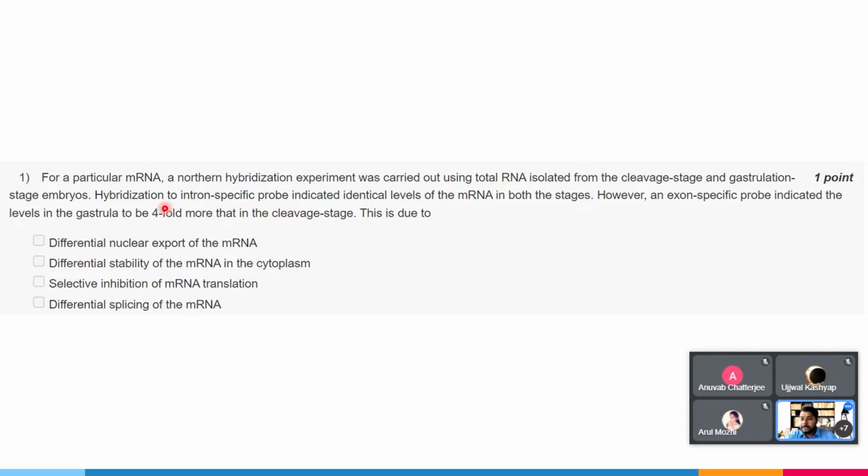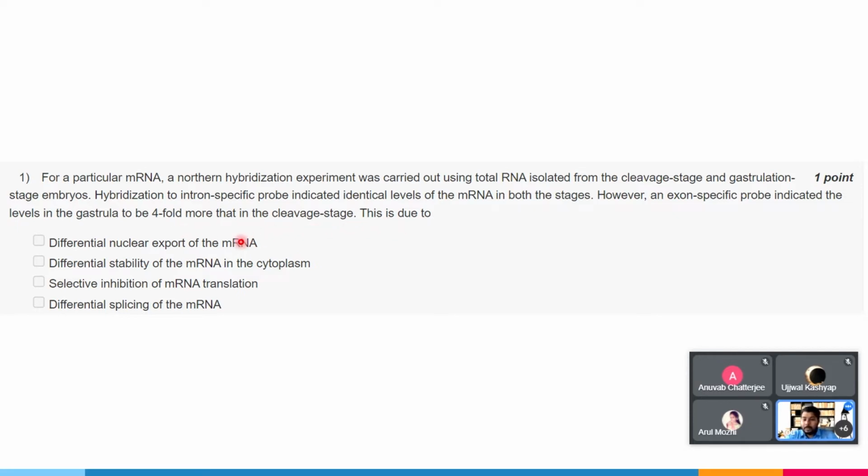So the first question is: for a particular mRNA, a northern hybridization experiment was carried out using total RNA isolated from cleavage stage and gastrulation stage embryos. Hybridization to an intron-specific probe indicated identical levels of mRNA in both the stages. However, an exon-specific probe indicated the levels in gastrula to be fourfold more than in cleavage stage.